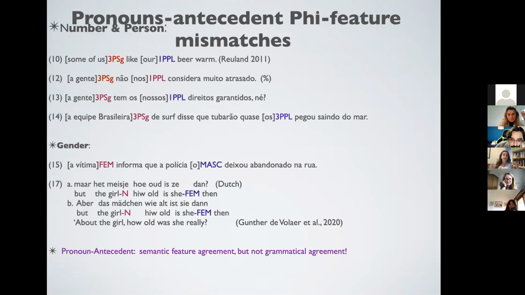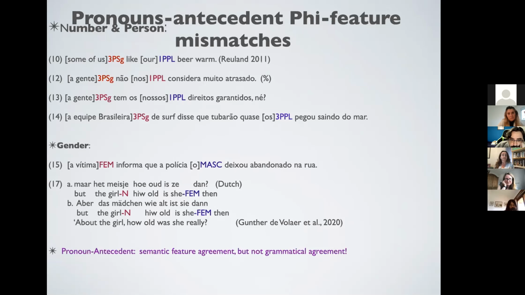Why do I think that DP's pronouns do not have grammatical features? Because you do have a lot of mismatch. For example, in 10, 12, 13, and 14, I'm showing you that pronouns do not really have to match the number and person features of their antecedents.